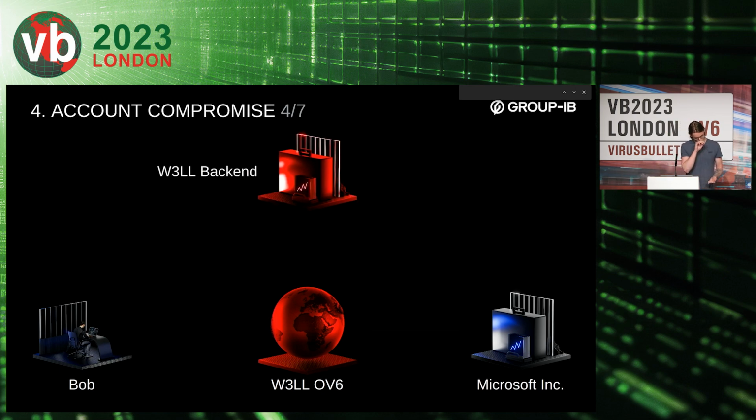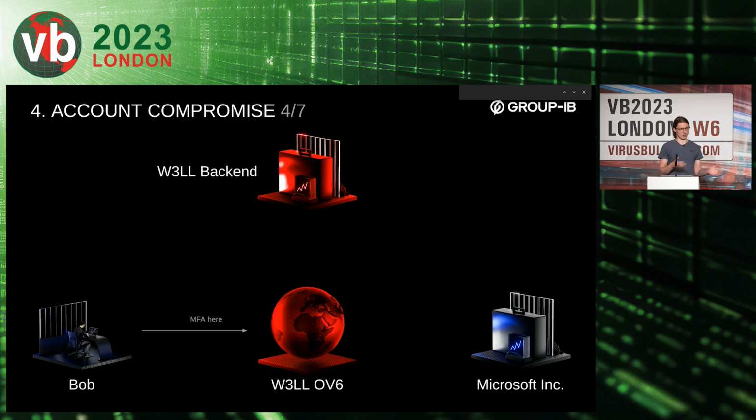It does this via the WELL backend, which is a server that is not accessible to threat actors. It is managed by WELL. There's no access to it. But the WELL phishing kit will communicate with the WELL backend in order to make multi-factor authentication login requests and steal cookies. So in order to showcase this, Bob here, the WELL phishing kit has detected that he's multi-factor authentication enabled.